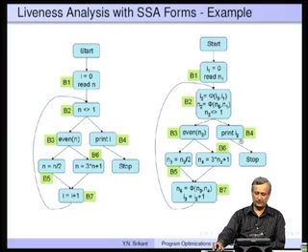In block B4, at the entry of block B4 it is live, but at the end of block B4 it is not, because there are no more usages here. And at the output of block B2 it is live, and at the entry of block B2 it is not live, because I2 is defined immediately. So, B4 in and B2 out are collected.